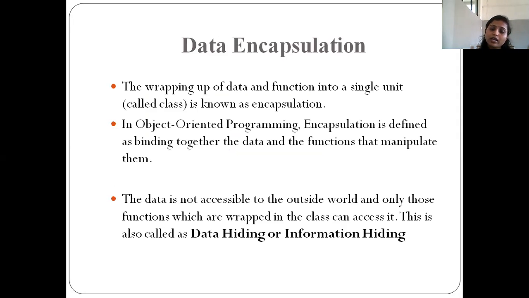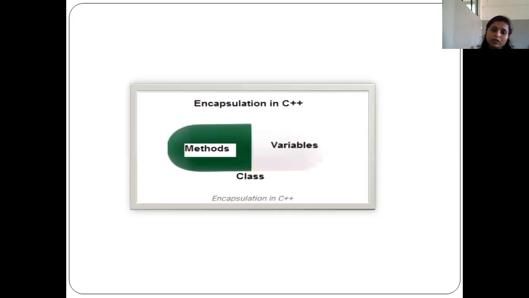Whichever data is in a class, you can access it within that class. This technique is called data hiding or information hiding. It shows only necessary details to the outside. Whatever information you mention in a class, you can access within that class, but outside the class you cannot access it. So data encapsulation provides the data hiding or information hiding concept.